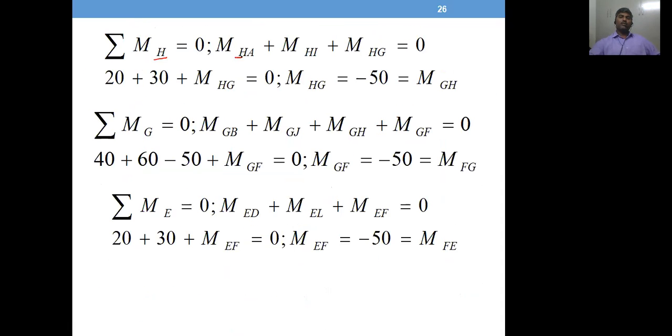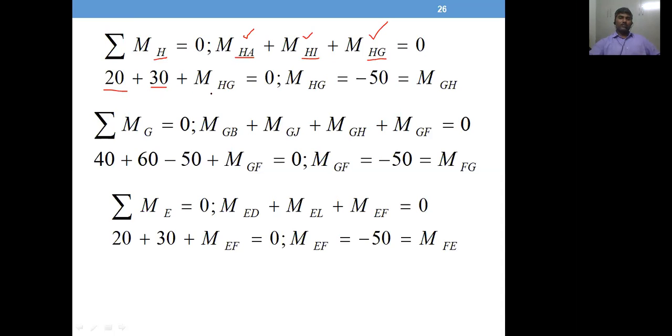HA is a column, HI another column, HG is a beam. So you want this value and you know these two values. Okay, so substitute them. 20 is the column end moment and 30 is the column end moment, the one above that beam and the one below that beam.